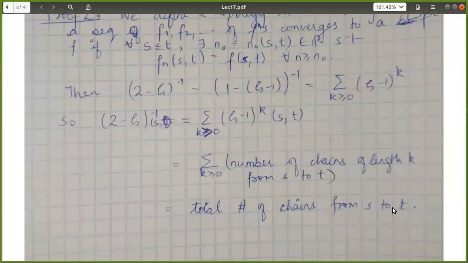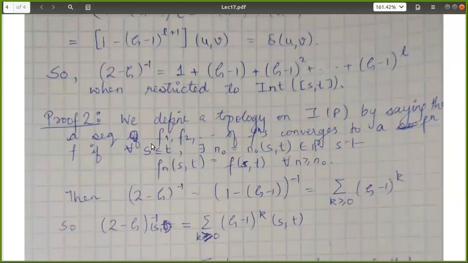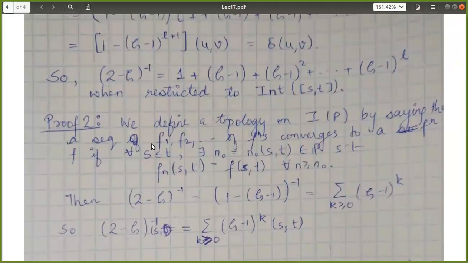So this is the topological version of how you can deal with the entire thing without having to restrict yourself to the int of one smaller interval.